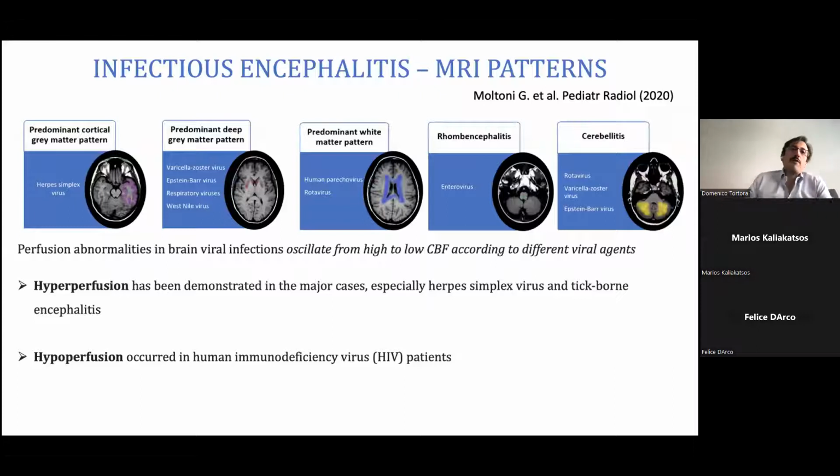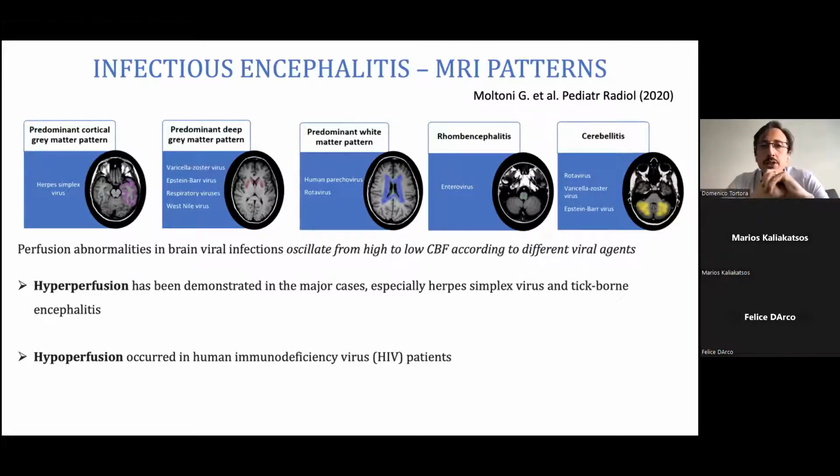What about infectious encephalitis? There are several patterns related to different distributions of brain lesions that may help in hypothesizing the etiology of viral encephalitis. This is a very interesting review published some years ago that depicts this concept.